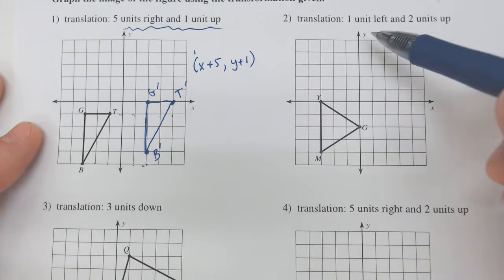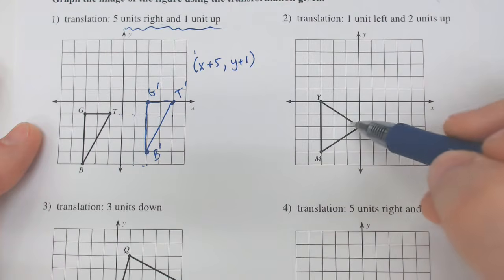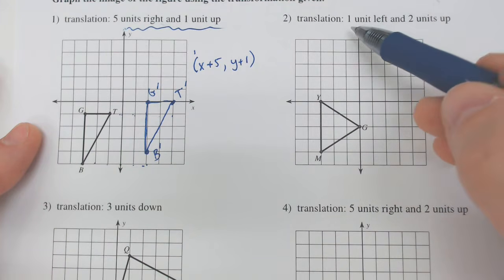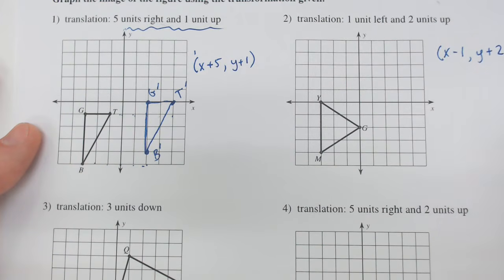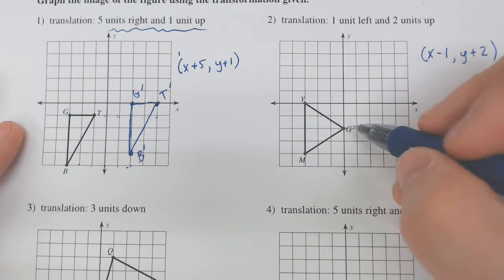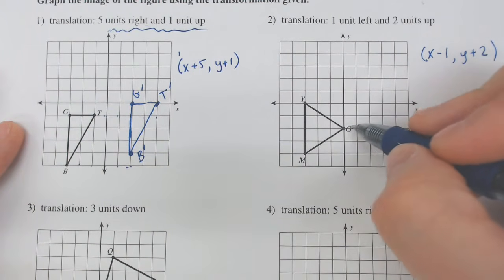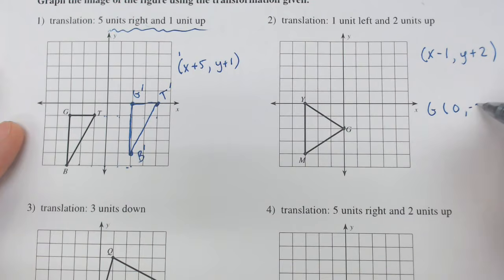If we wanted to do this next one, which is to the left by 1 unit and up by 2 units, all of the x values are going to go to the left by 1, so the x values will be subtracted by 1, and the y values would be increased by 2, so that would be a y plus 2. So if we were only concerned with the actual coordinate values, let's say that this value right here, g, currently is at 0, -2.